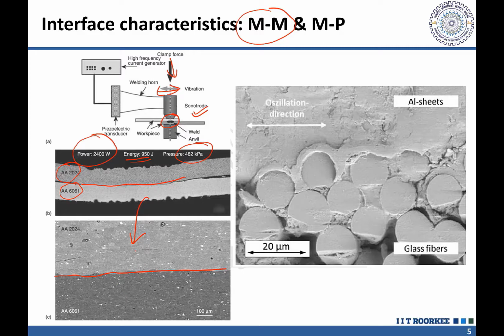If we take the example of metal and polymer joining, the metal by and large remains stable, but the polymer, being of low melting point, gets melted in the process of joining, and this is what we see here, that the joint between the aluminum sheet and the polymeric composite material is completely developed.